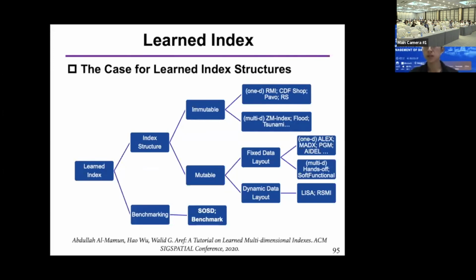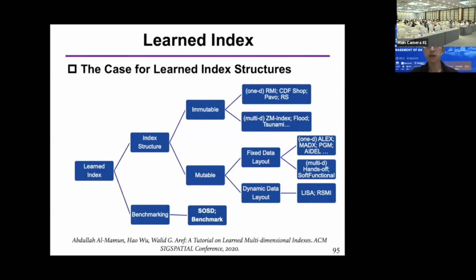And there are also multi-dimensional indexes like Flood, which models each attribute using the recursive model index, just as the RMI in the cell divided by the optimal layout.